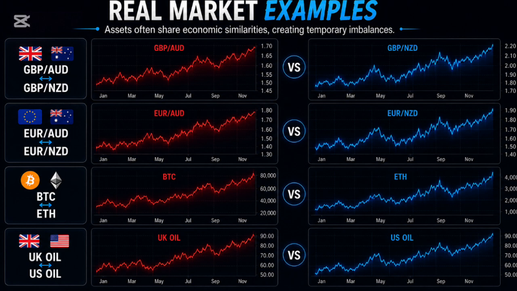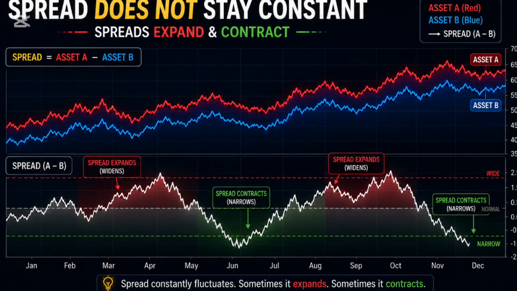So one very important thing to understand is that spread does not remain fixed, right? Spread constantly fluctuates, and sometimes it expands, sometimes it contracts. So of course, when it expands, that is what we are interested in as pairs traders, so long as we are trading the right pairs.